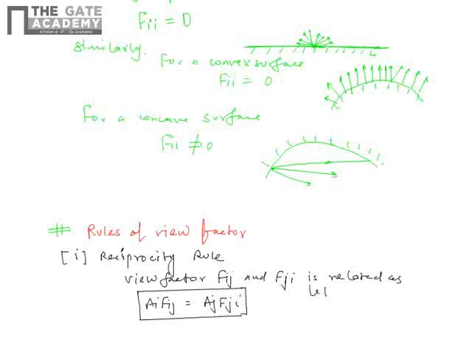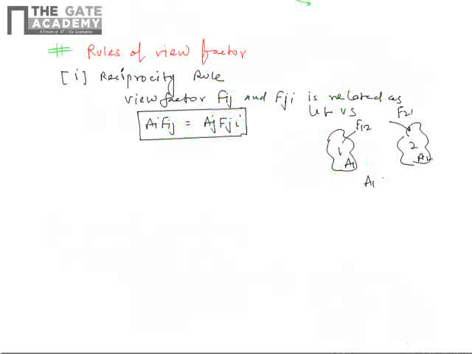Let us say we have two surfaces 1 and 2, and the view factor of 1 to 2 is F12 and the view factor of 2 to 1 is F21, and its area is A1, its area is A2, then these two view factors are related as A1 F12 is equal to A2 F21.